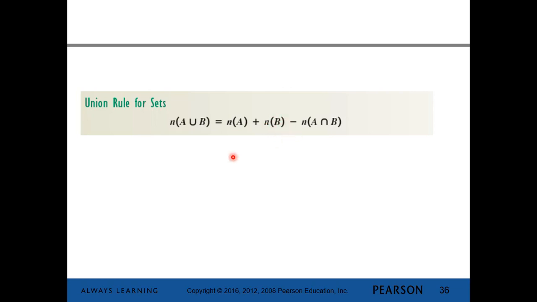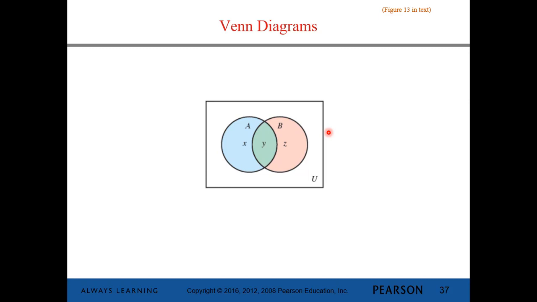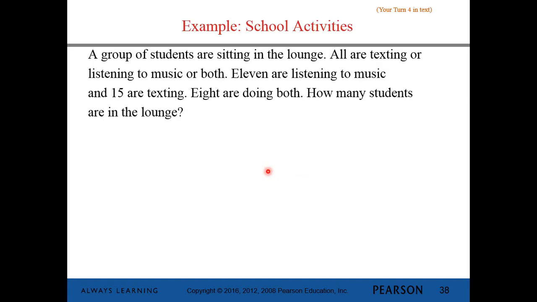And if you remember, I keep saying this, when we're counting the union, we're counting the elements in A plus counting the elements in B, and then we're getting rid of the duplicates. That's getting rid of the duplicates right here. Okay, and so this is the general case. When we count the number of elements in A and the number of elements in B, we're counting this intersection piece twice, so we have to subtract off one of those.